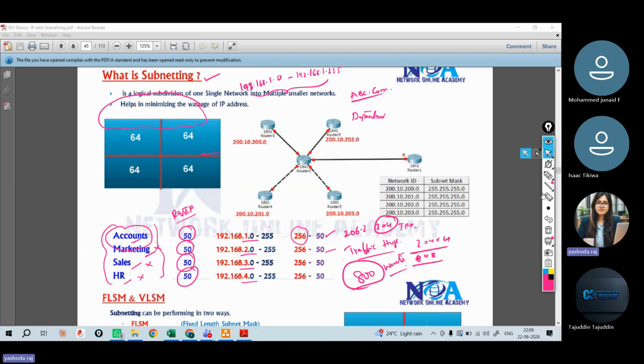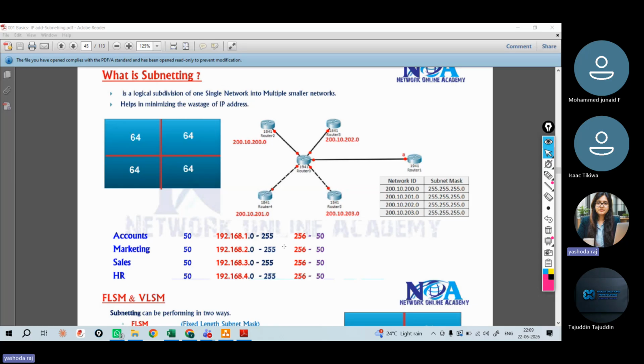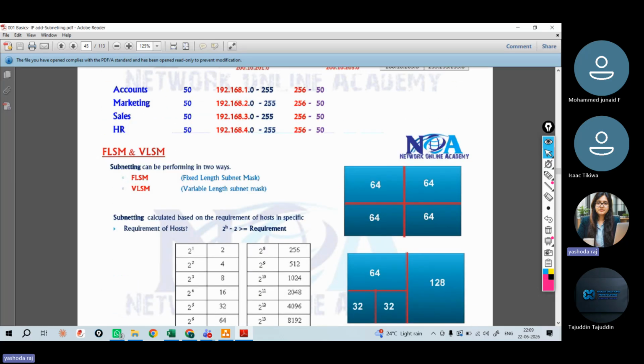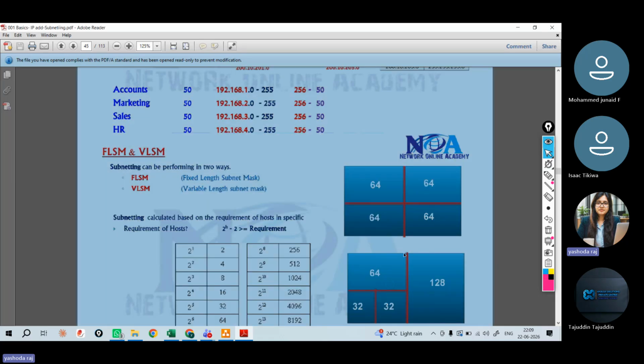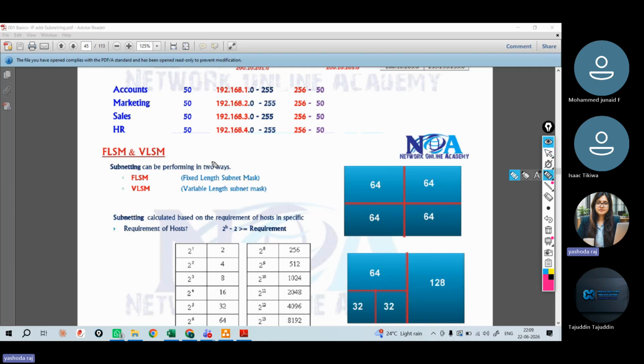Following. Yeah. So now subnetting can be performed in two ways. One is FLSM and another one is VLSM. The full form of FLSM is fixed length subnet mask. VLSM is variable length subnet mask.